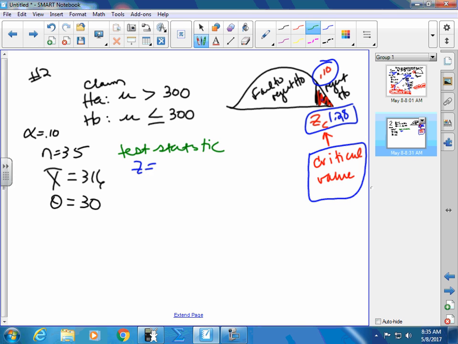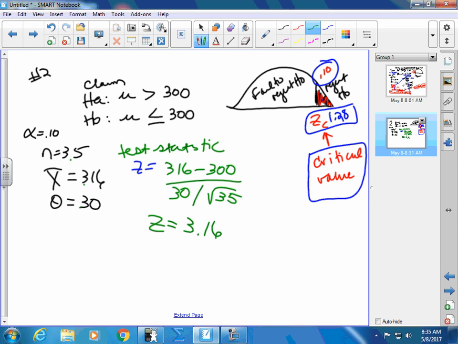I put in my z-score, take my sample minus my population, divided by my standard deviation over the square root of n. And 2 decimals, what did we get? Anybody get a z-score? 3.16. Yep.